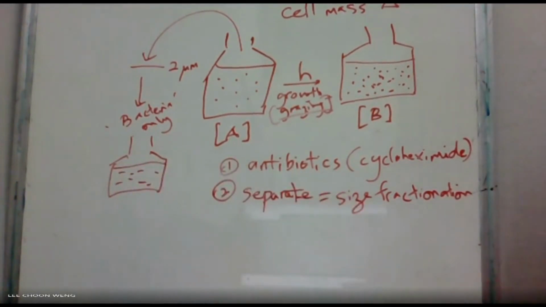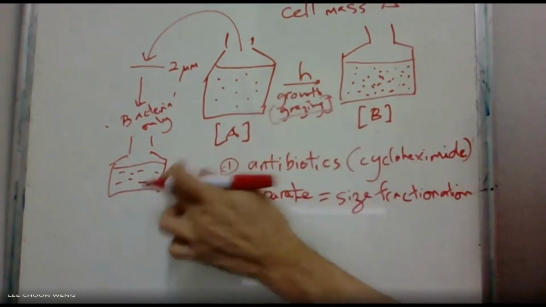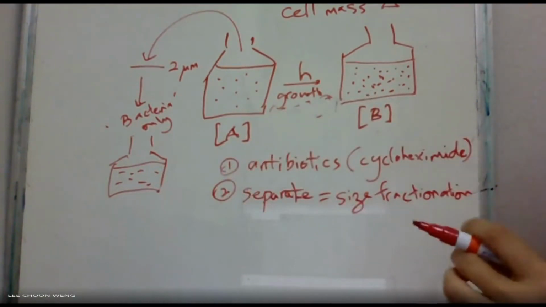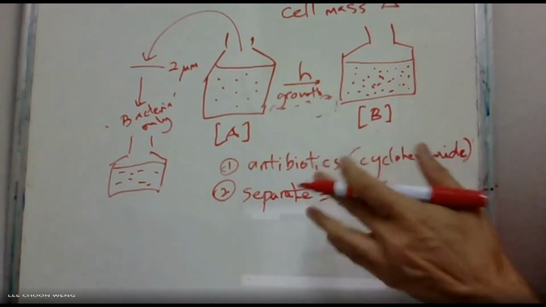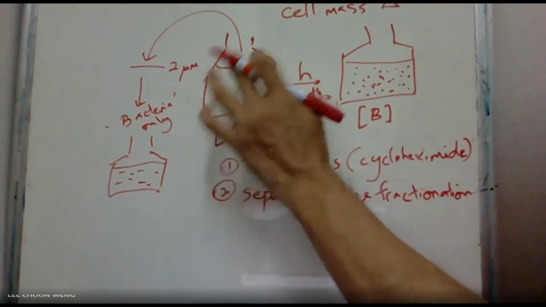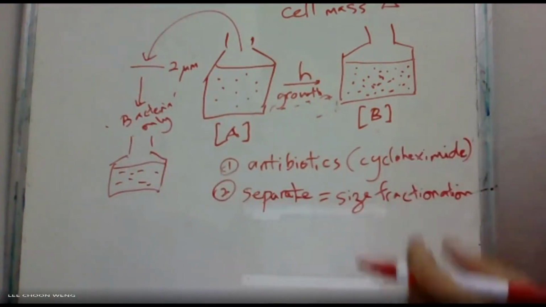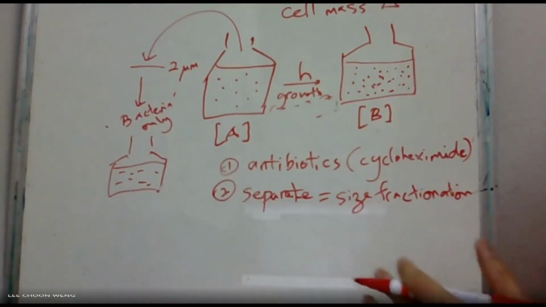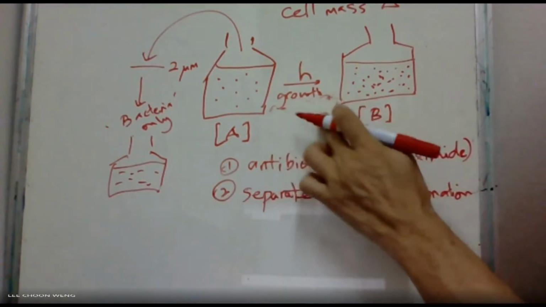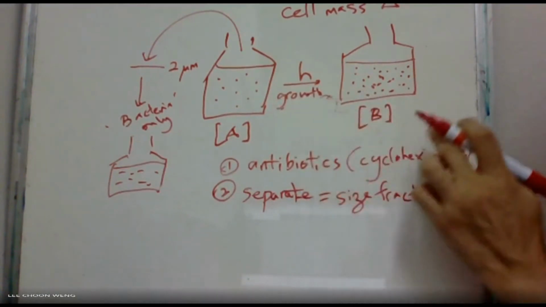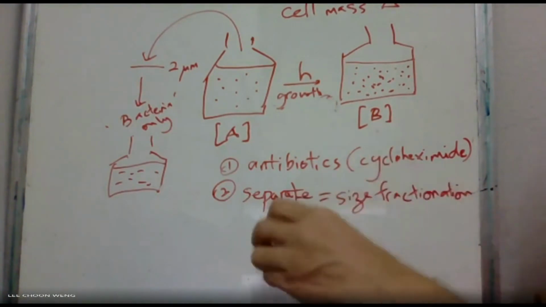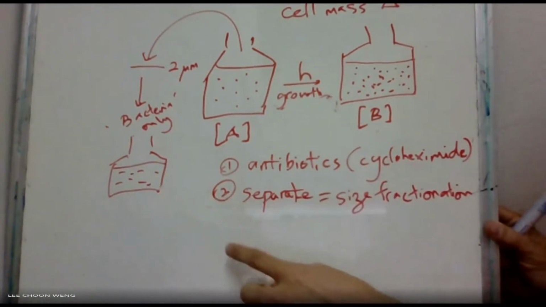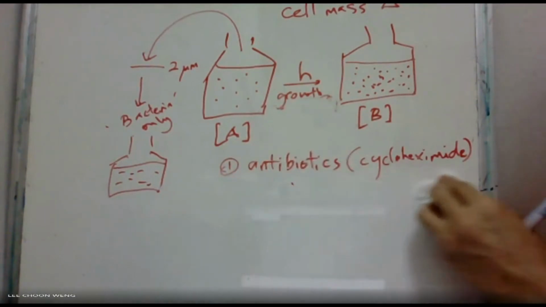That will give you growth with minimum grazing. We cannot say there will not be any grazing, because filtration removes most of the grazers, but we won't know whether they remove all the grazers. But we can reduce the grazing pressure and then get a better estimate of the growth. So the first problem is with the presence of grazers.